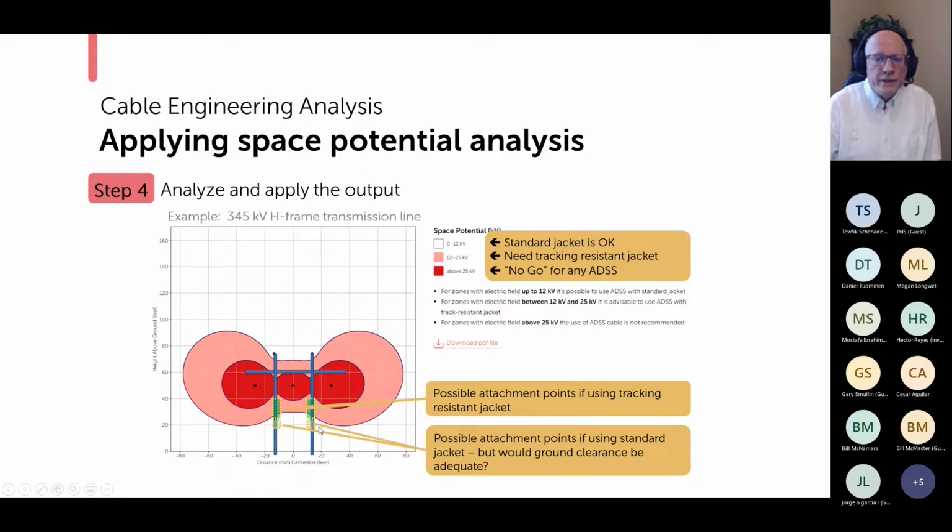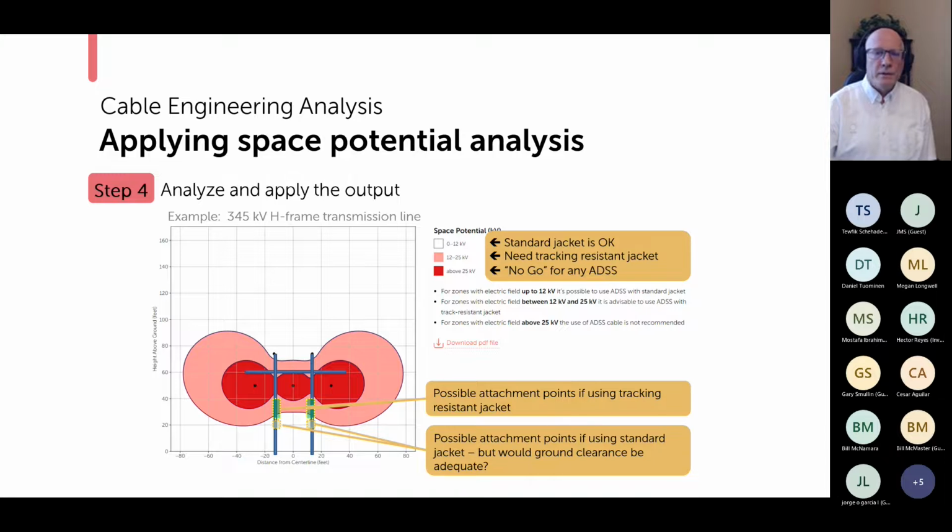Now, in theory, if I stay in the white area, it means it's below 12 kV. So, in theory, I could use this spot too, but notice that I'm already around 20 feet above ground. With a typical transmission line, if the spans are long enough, the sag of the ADSS might violate code clearance.